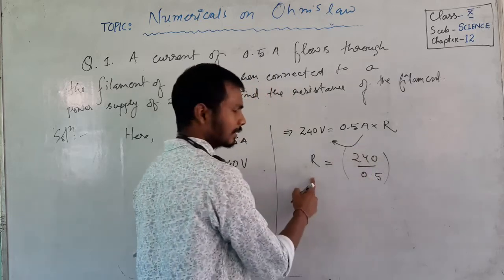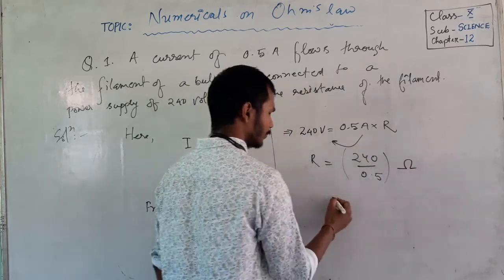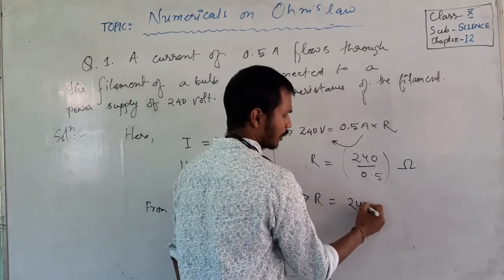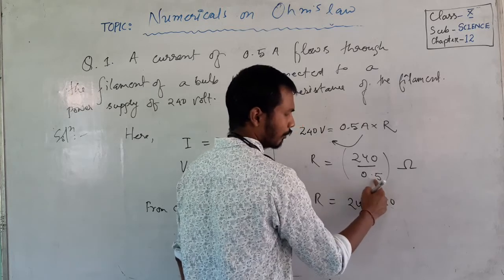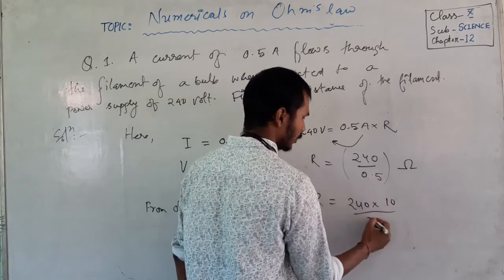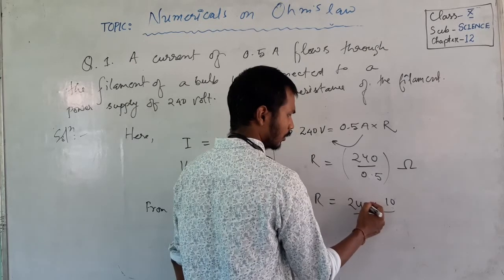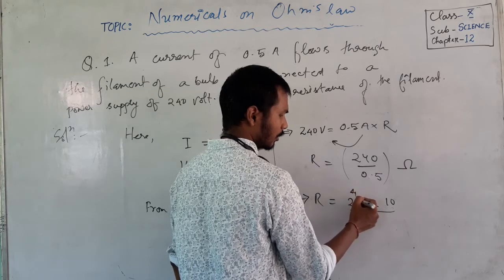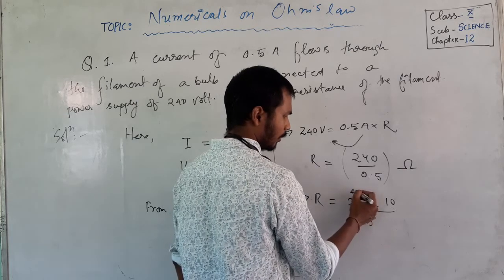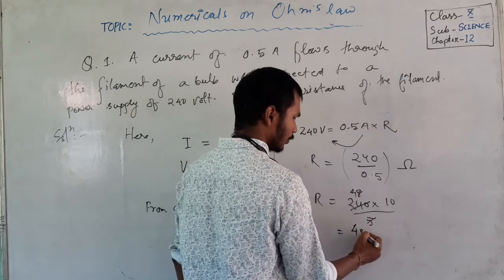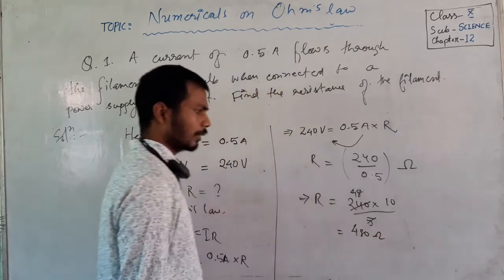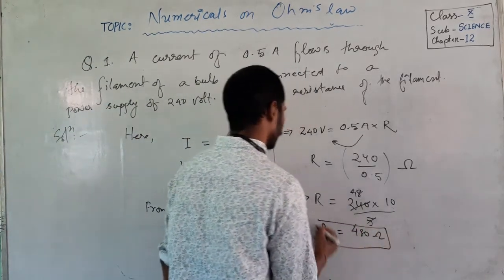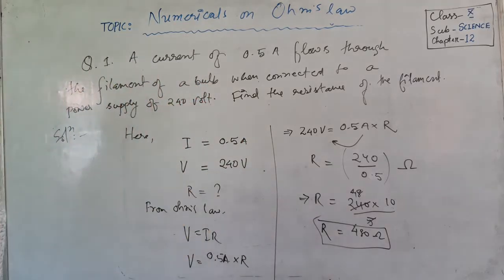What is the unit of resistance? Ohm. So write down ohm, omega. Now solve this. 240 into 10 over 5, which gives 480 ohm. Got it? This is the value of resistance of the filament.